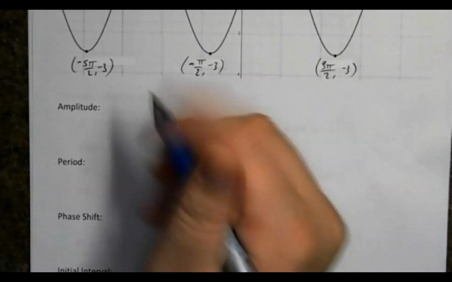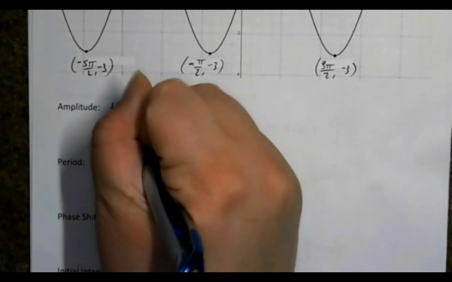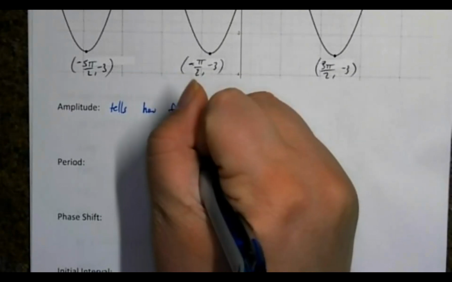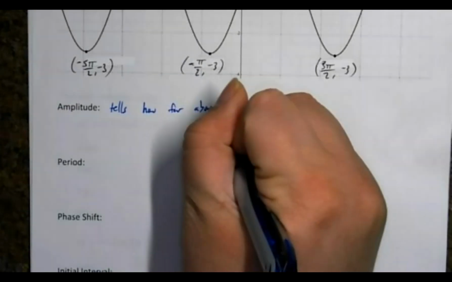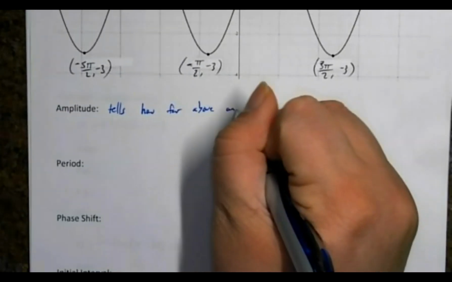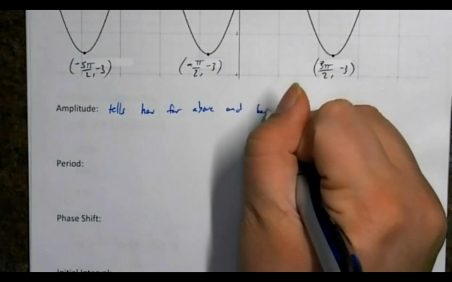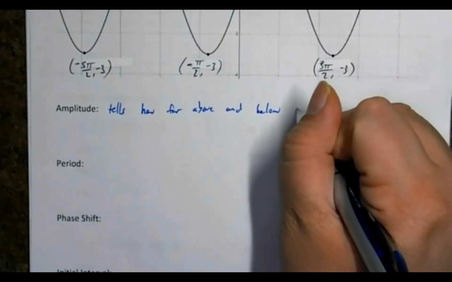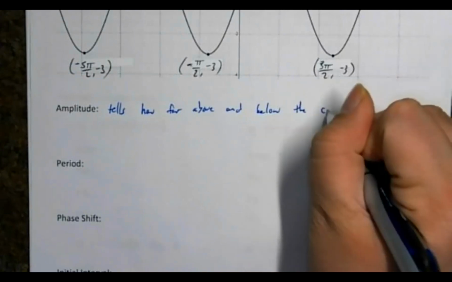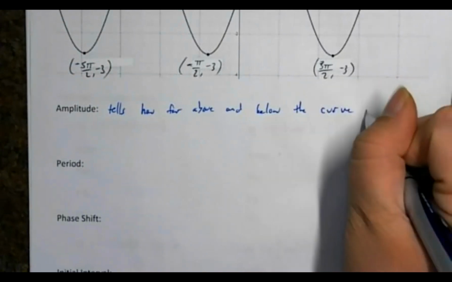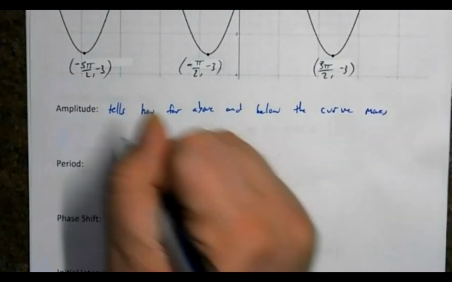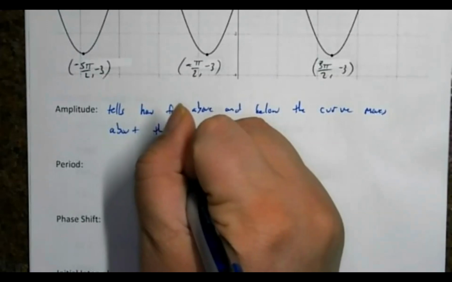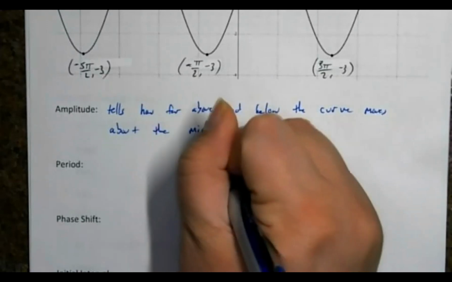So our amplitude tells how far above and below the curve moves about the midline.